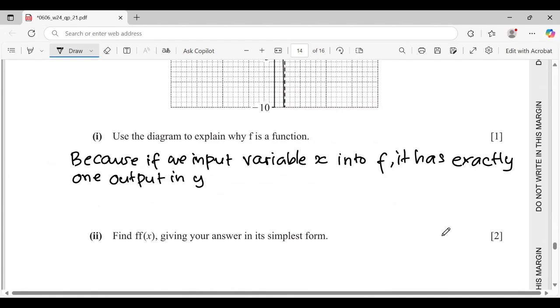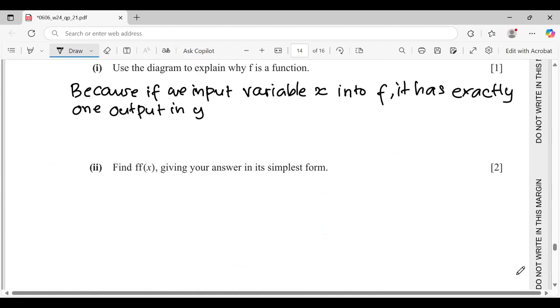f is a function. Next question: find ff(x), giving your answer in its simplest form. This is a composite function, so I would like to write it like this: f of f(x), or f of x over x minus 1.